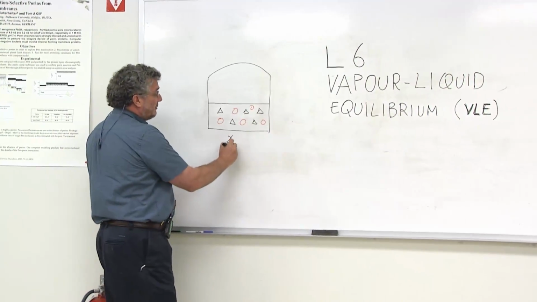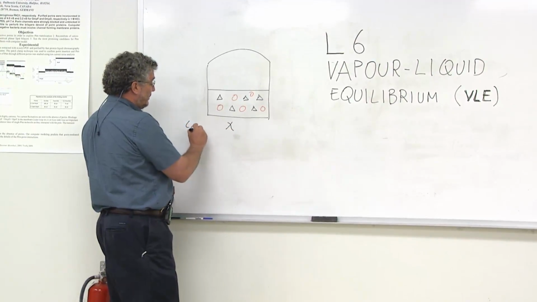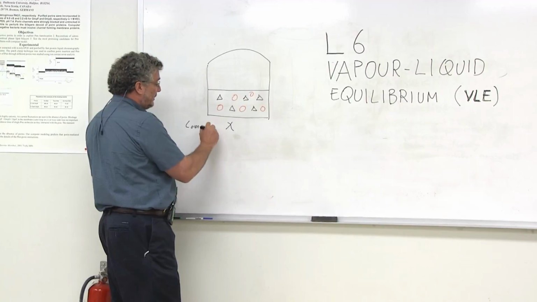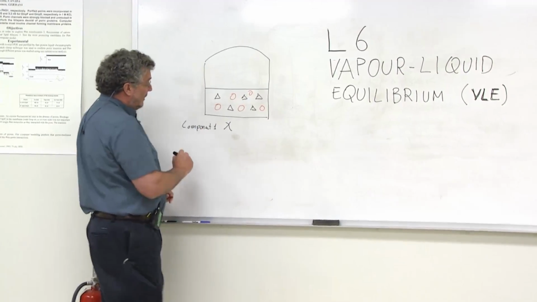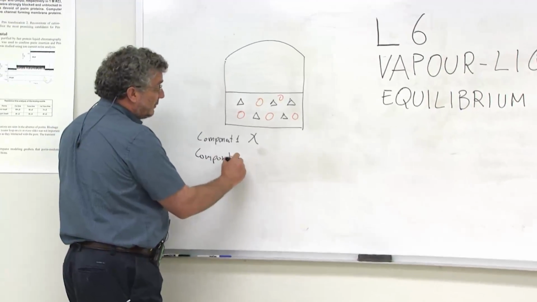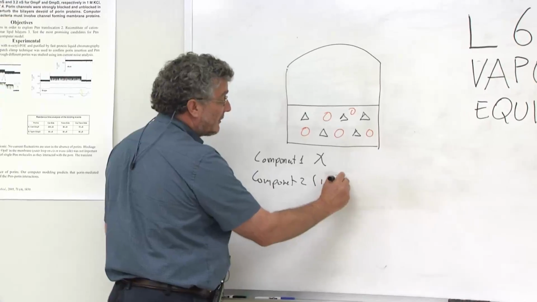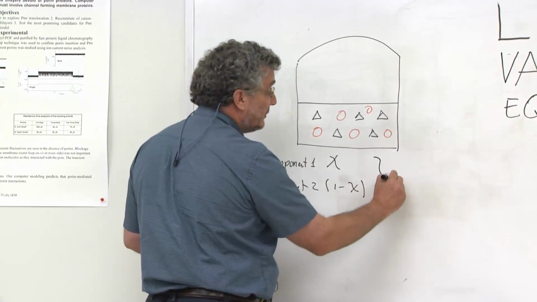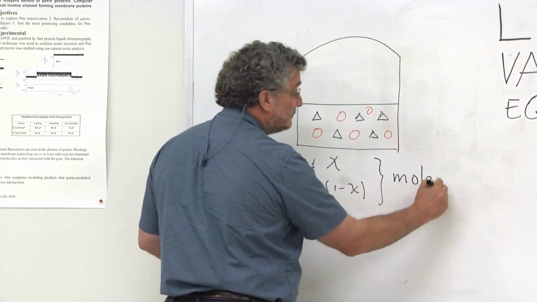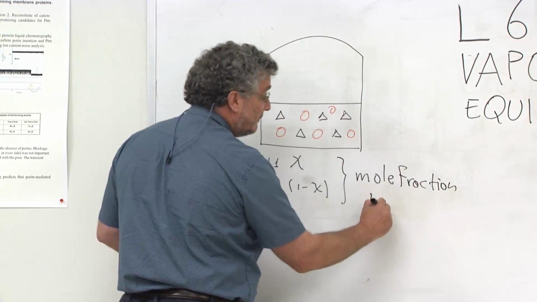So X would be the mole fraction of one component. So let's call this component number 1, and component number 2 would have a mole fraction of 1 minus X. These are mole fractions in the liquid.